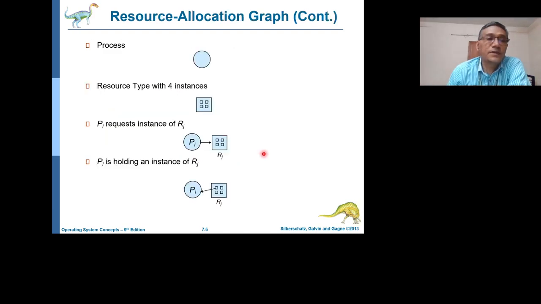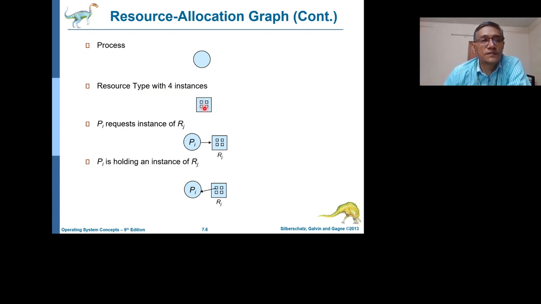This is the typical terminology we need to understand for constructing a resource allocation graph. Processes in the resource allocation graph are represented as circles. Resources with several instances are represented as squares. Here the square has 4 small squares inside, which represents 4 instances of a particular resource type.